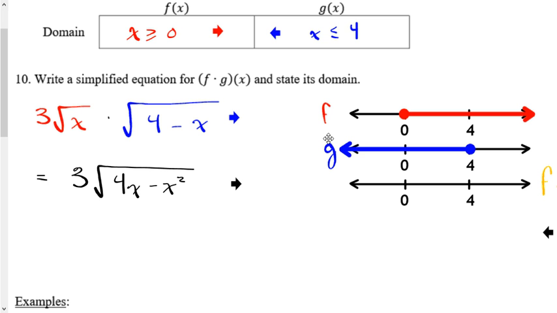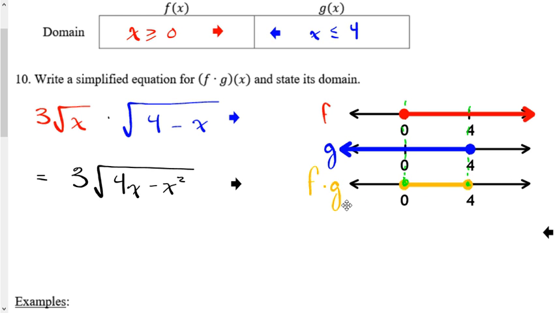And so you'll remember from the beginning of today's lesson, or the end of the previous lesson, that we observed if we're going to be combining these two functions together, the domain of the combination has to be where these two intersect or where they overlap. So it's going to come up to this point, and it's going to come up to this point, and then every point in between is where the two domains overlap with each other. So here I've drawn that out for the product of f times g.